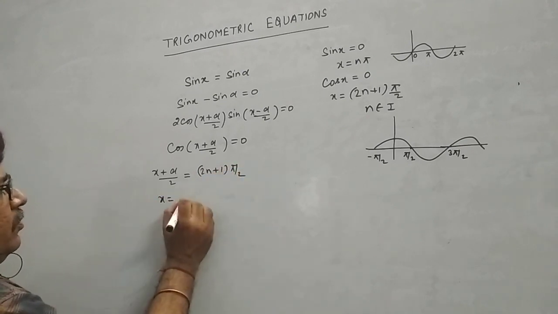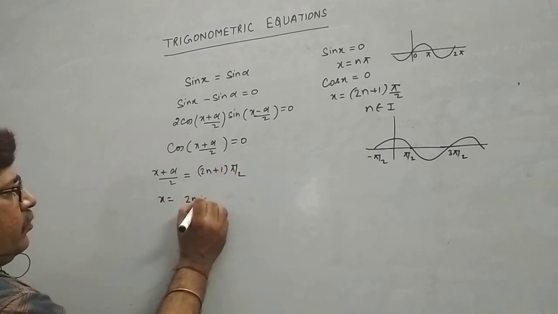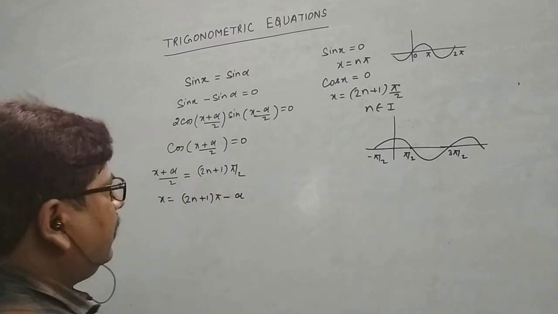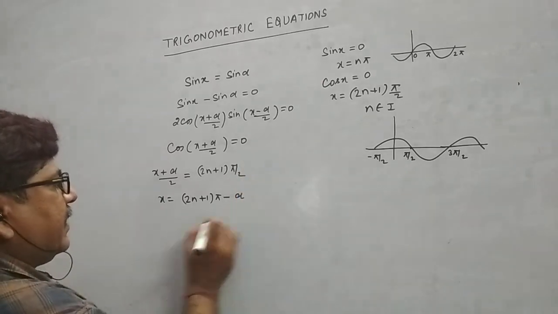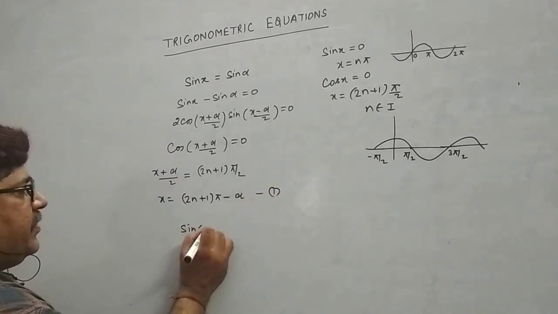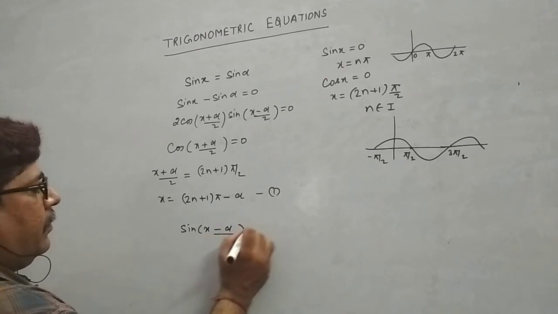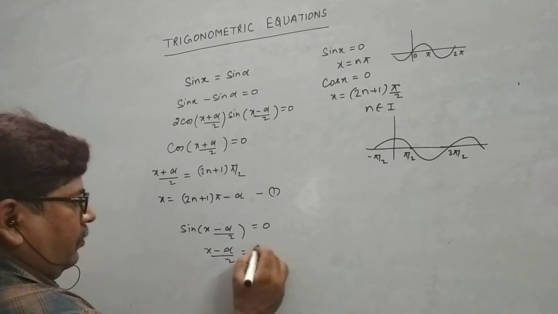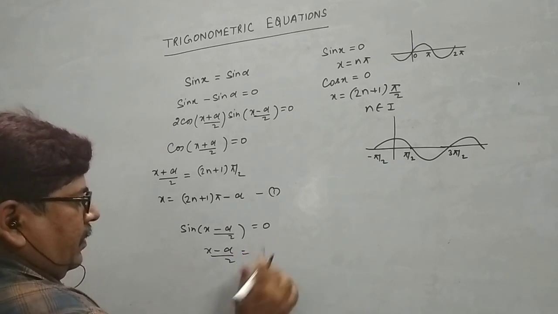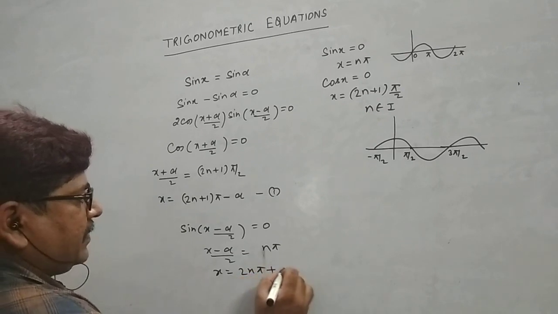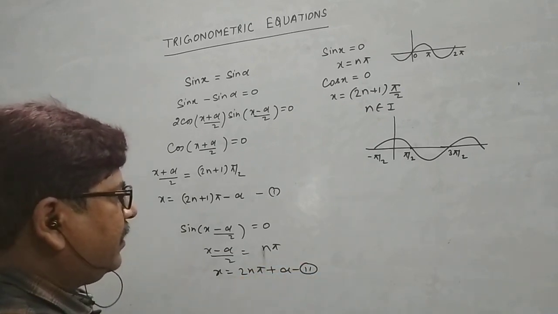So x is equal to (2n plus 1) pi minus alpha. Considering sin (x minus alpha) by 2 is equal to 0, we get (x minus alpha) by 2 is equal to n pi. So x is equal to 2n pi plus alpha. This is your second result.